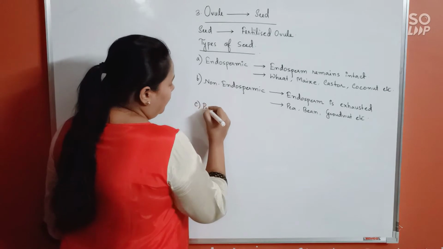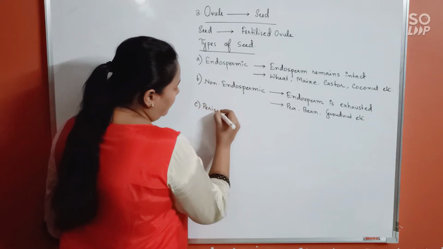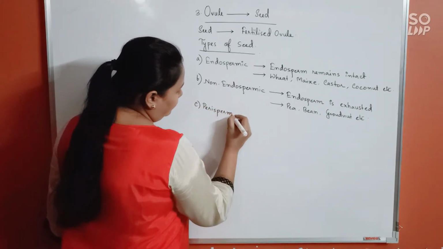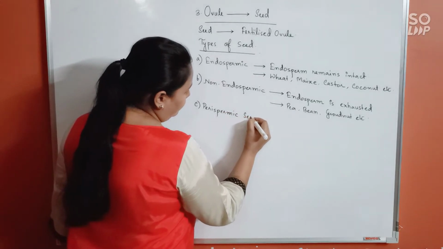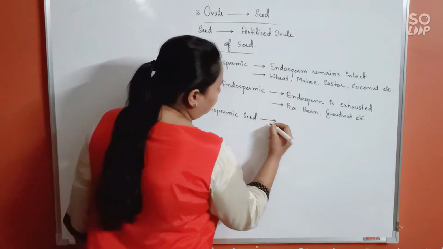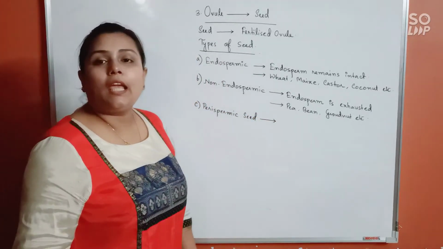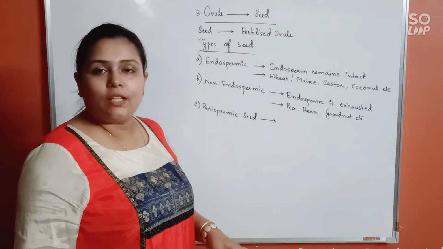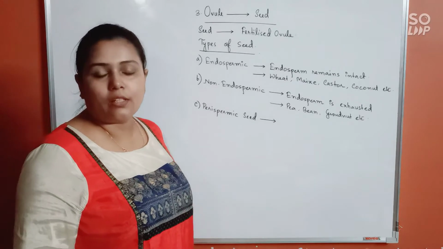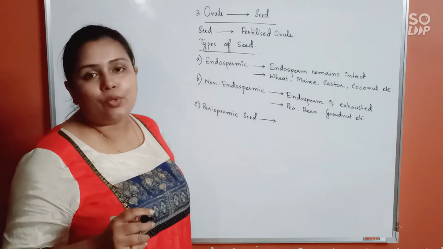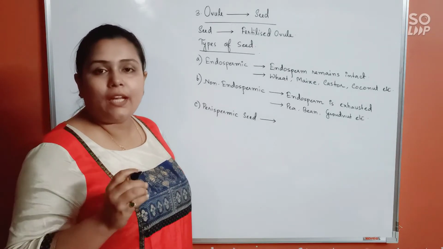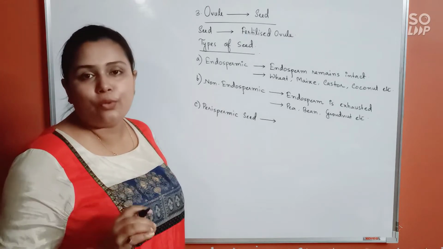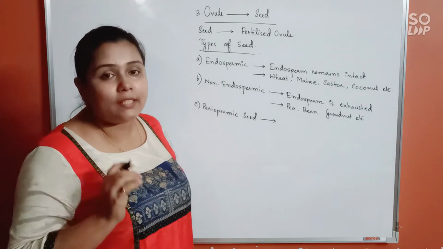Another one which is very rare is perispermic seed. See, in most seeds, by the time it is matured, the nucellus would get degenerated. But then there are a few seeds in which the nucellus or a faint lining of the nucellus might still remain intact.